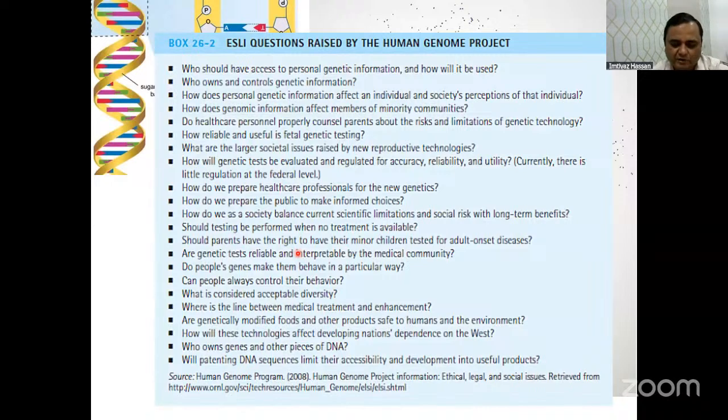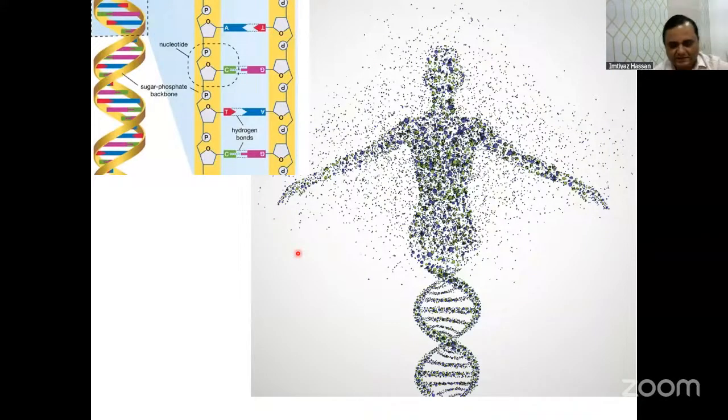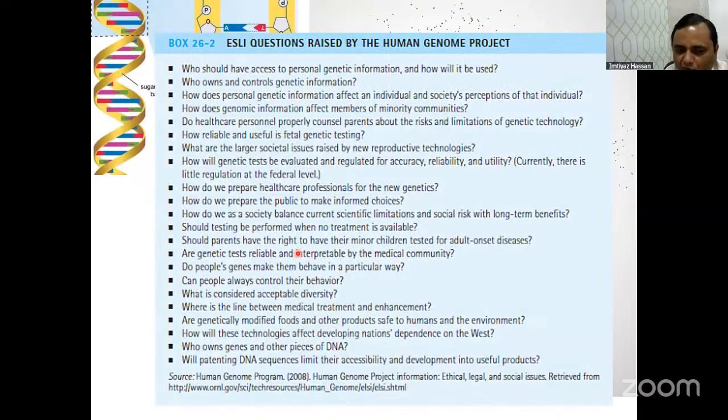Another issue is very common if you have an idea about the Human Genome Project. It was solved long back, but nowadays the Government of India has started the Indian Genome Project. People think the Human Genome Project is a biological problem. No, it is the most interdisciplinary project, related to society, to crime, to forensic science.